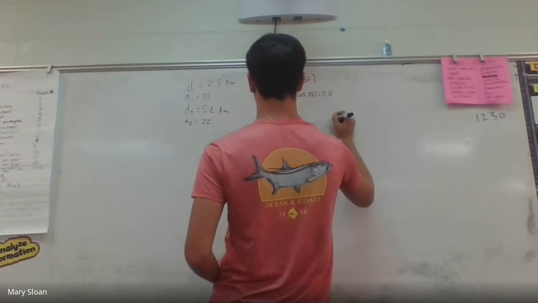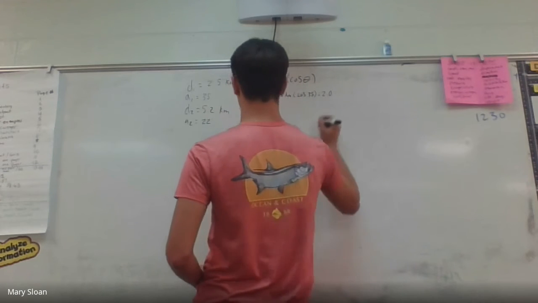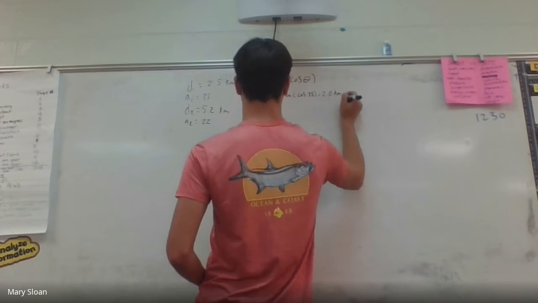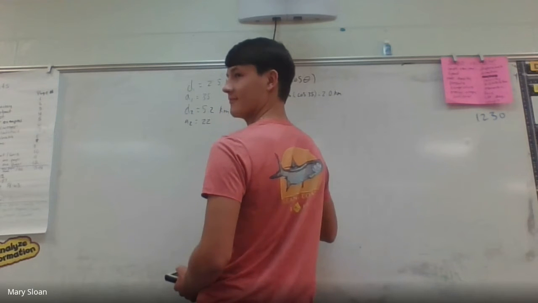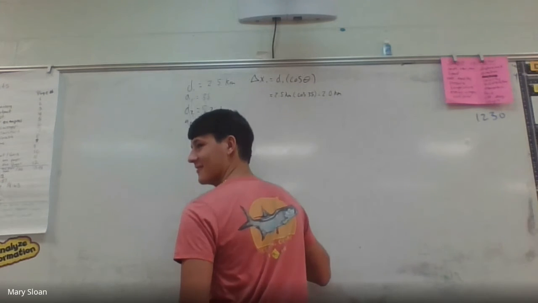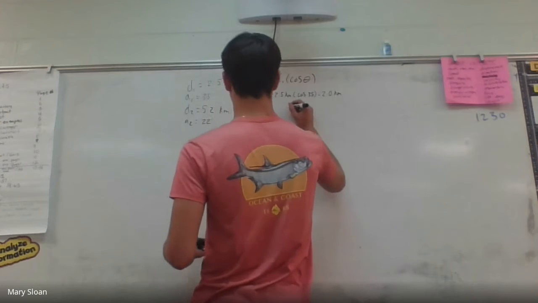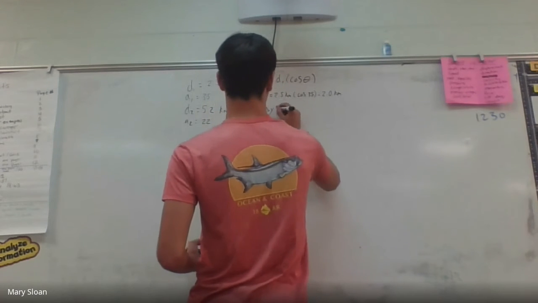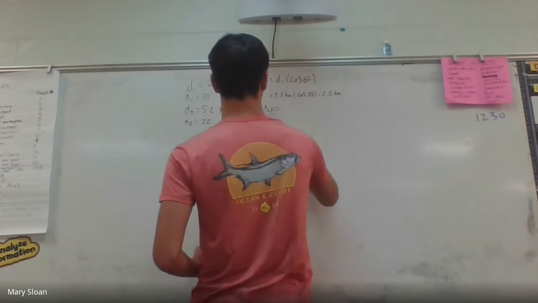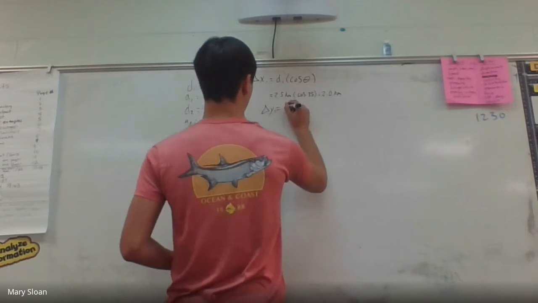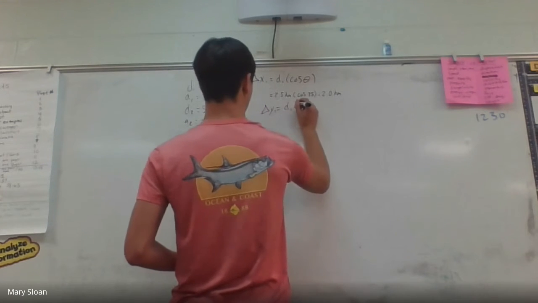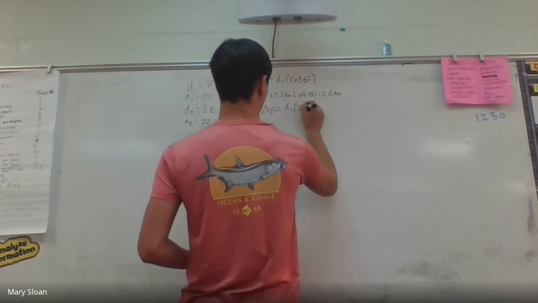Okay, so now we've found change in X. Now we've got to find change in Y, right? You just saw her do that. Let's go ahead. Change in Y1 is D1 again, sine this time, the angle.